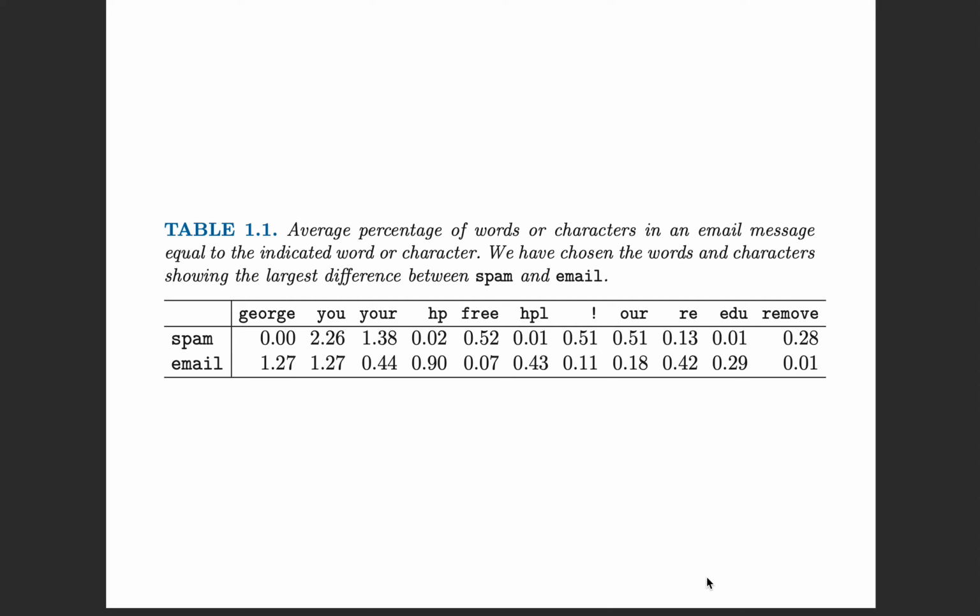So the objective is to design an automatic spam detector. For all these 4,600 emails, we have the true outcome. We know whether it's spam or not spam. We also have the relative frequency of 57 of the most commonly occurring words and punctuation marks in the email message. So this is a supervised learning problem with the outcome class variable being email or spam. So it's a classification problem.